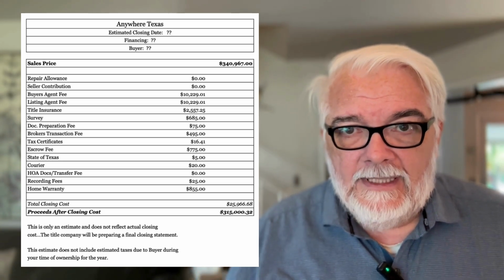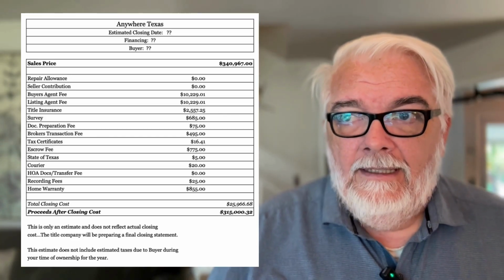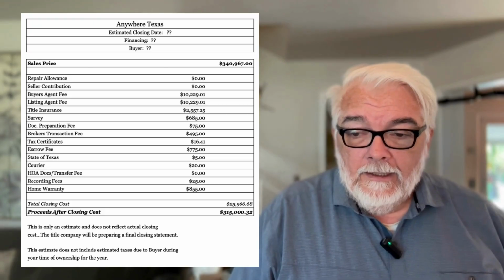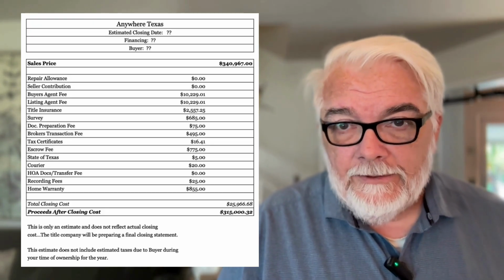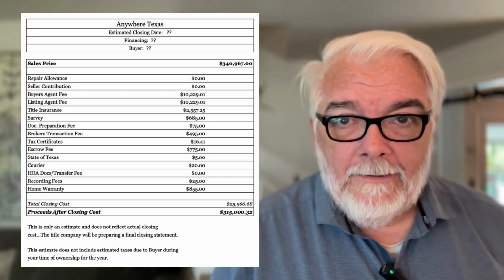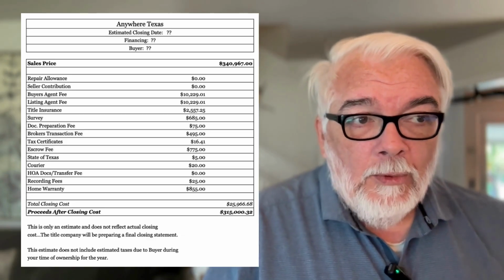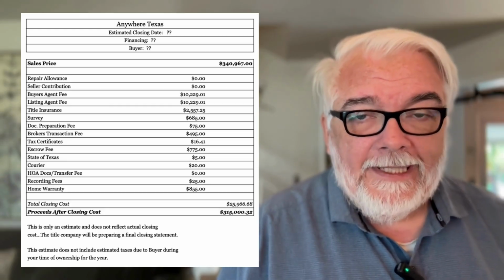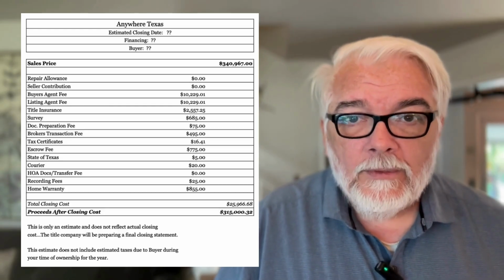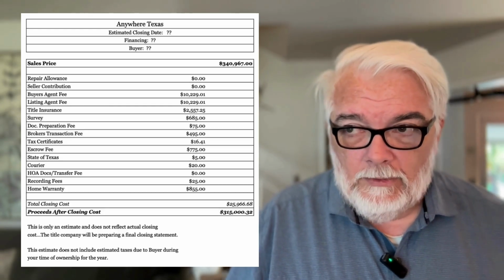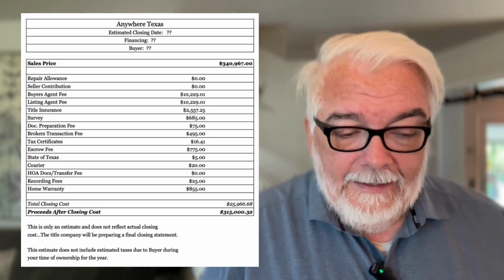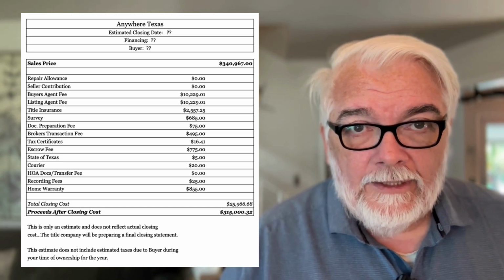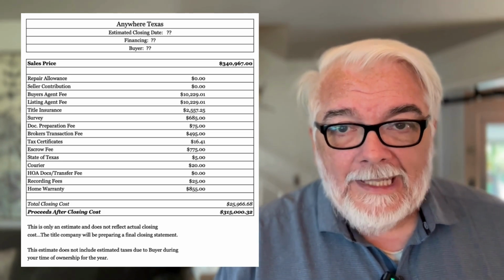So if a buyer walks in and sees that there's a couple of broken seals on the windows, the buyer might ask up front when they submit the offer, we want $500 in repair allowance so that we can fix those broken sealed windows after closing, or we want it done prior to closing.